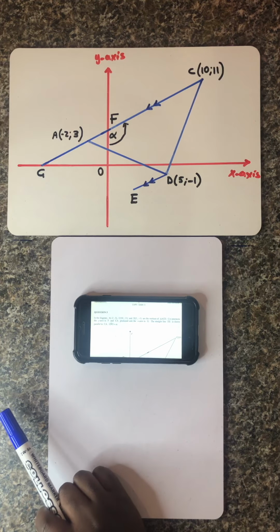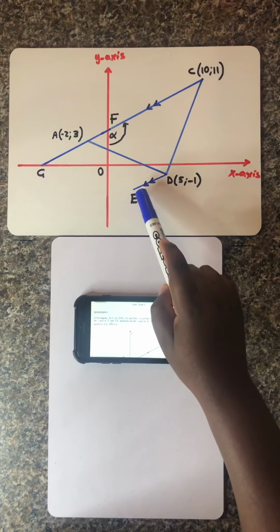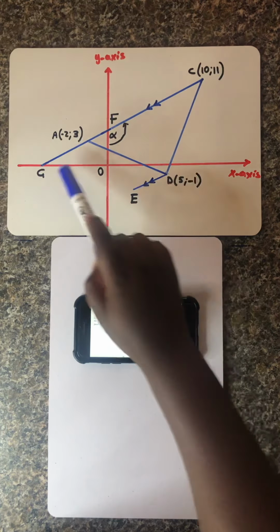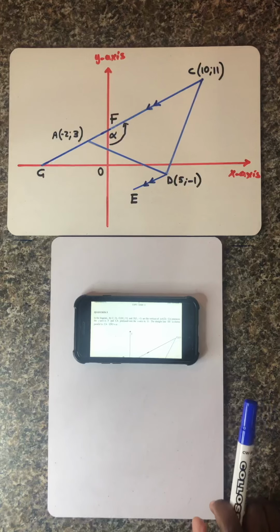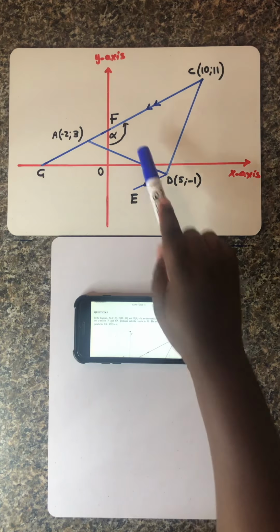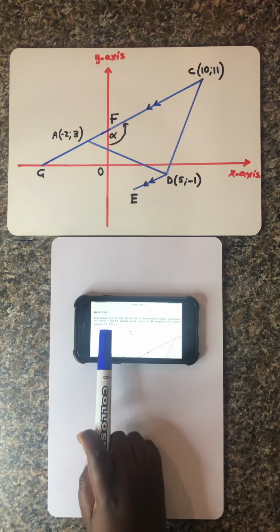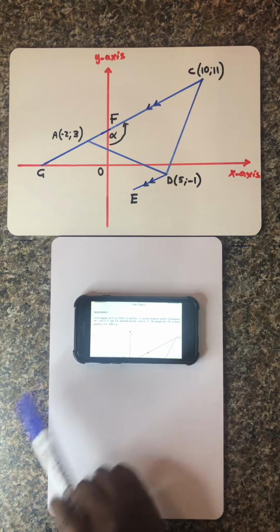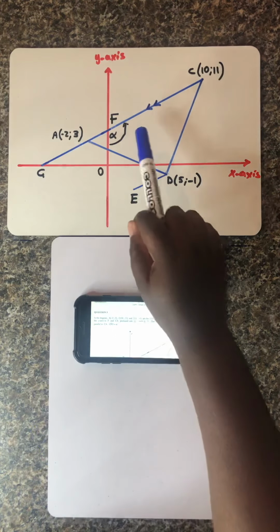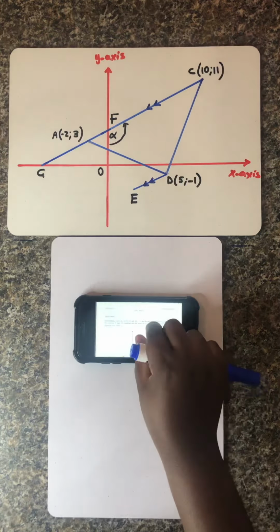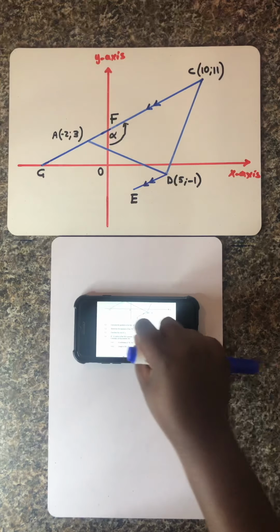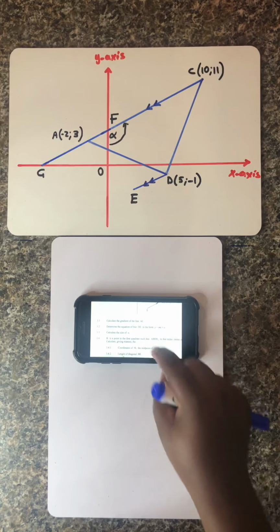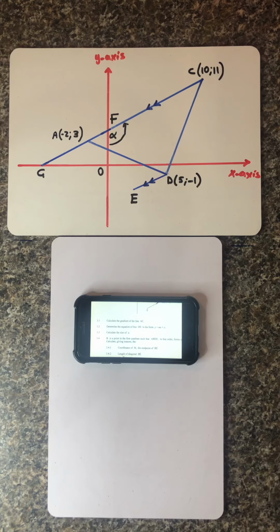Very, very much important, ladies and gentlemen. They're talking about that straight line which is parallel to that straight line. And again we've got alpha: angle CFO is equal to alpha.